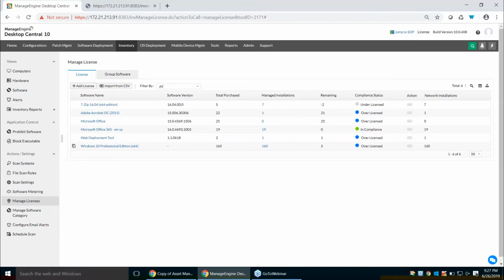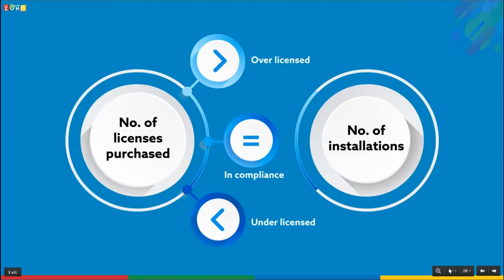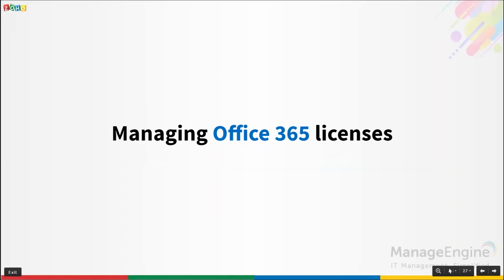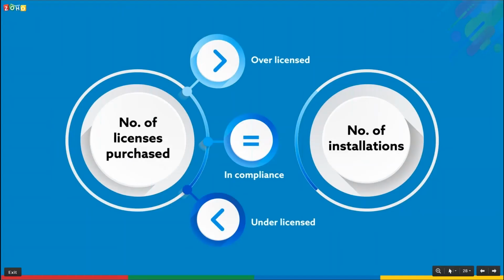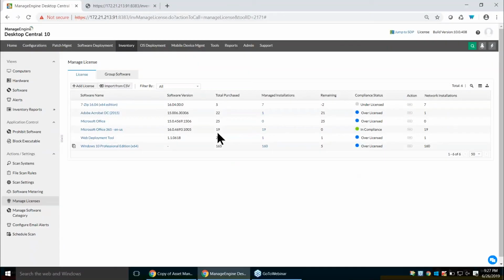Coming back to the original scenario, right? So let's assume myself as an administrator now. I have assigned 19 licenses to all 19 users of Office 365. My HR department calls me and informs me that around 5 new employees are joining the sales department, and they also need the Office 365 application to be installed.